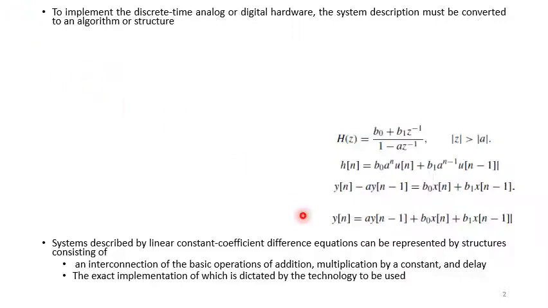If we further assume the initial rest conditions, it means that the input will be 0 when n is less than 0, that is, for negative values, or we assume that the input is causal, so the input will be 0 when n is less than 0. Similarly, we also assume that the output will be 0 when n is less than 0.